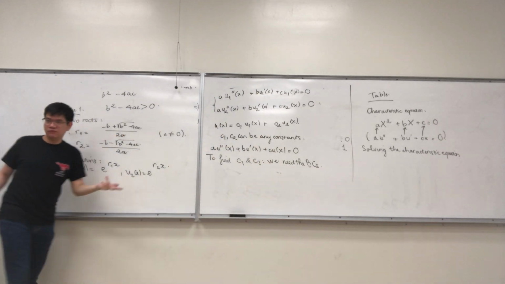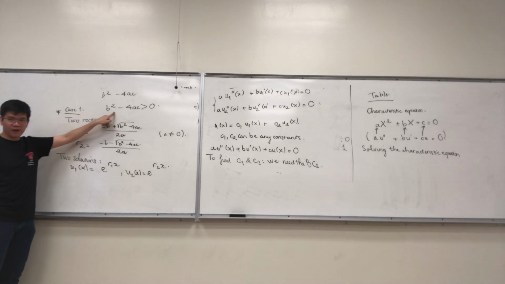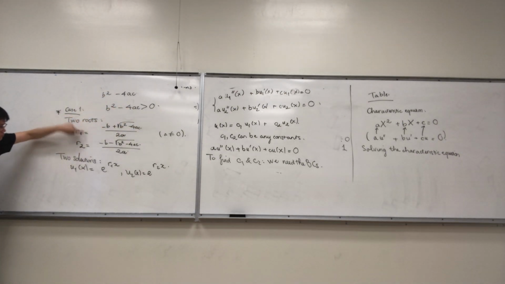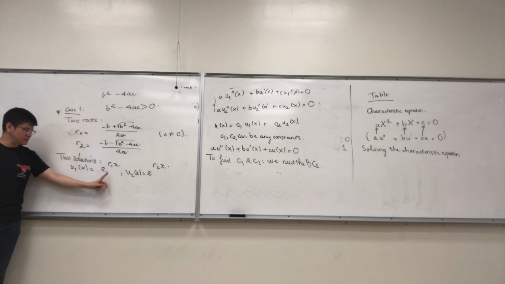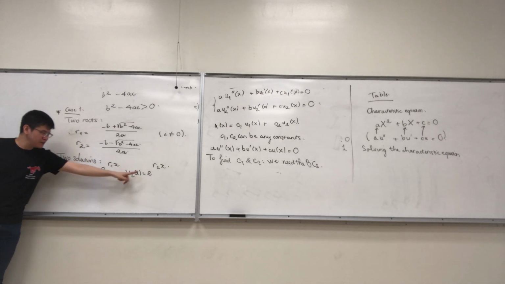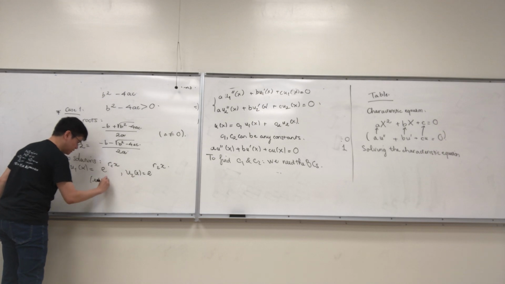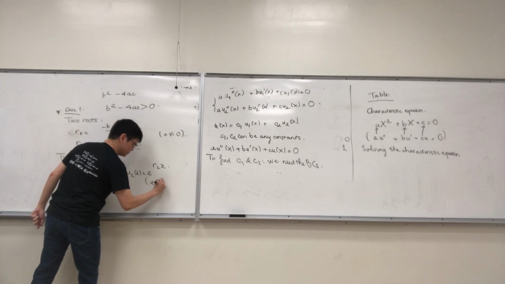This characteristic equation has two real solutions in the case where b squared minus 4ac is strictly positive. In this case, you have two explicit roots, which is this one and this one, all right? Then you're going to have two solutions, e to the r1x and e to the r2x.